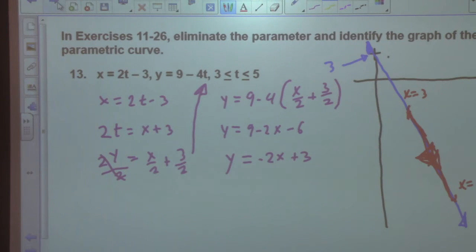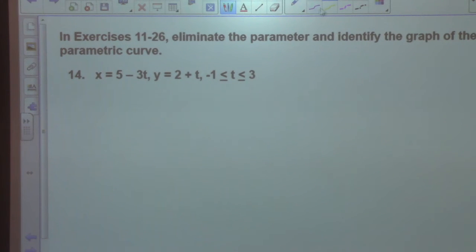Okay, go ahead. I did x equals 5 minus 13, subtracted 5 to the other side. So it's x minus 5 equals negative 13 t. And then I divided the other side by 3.